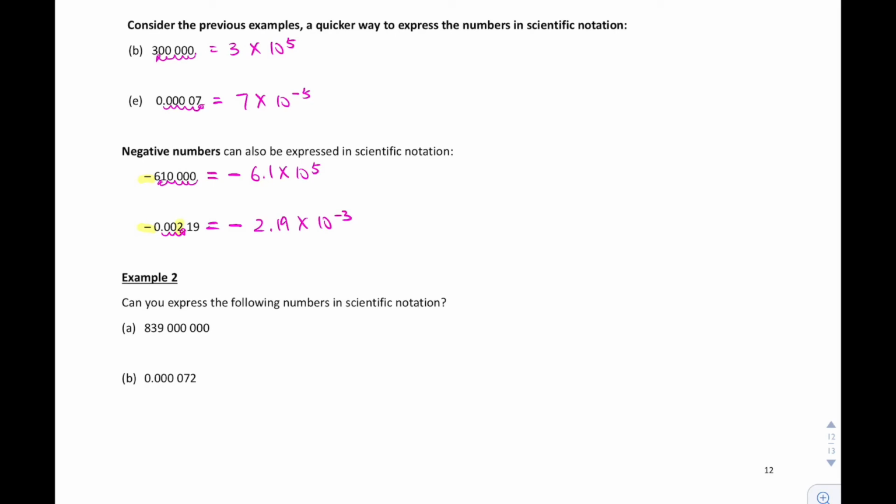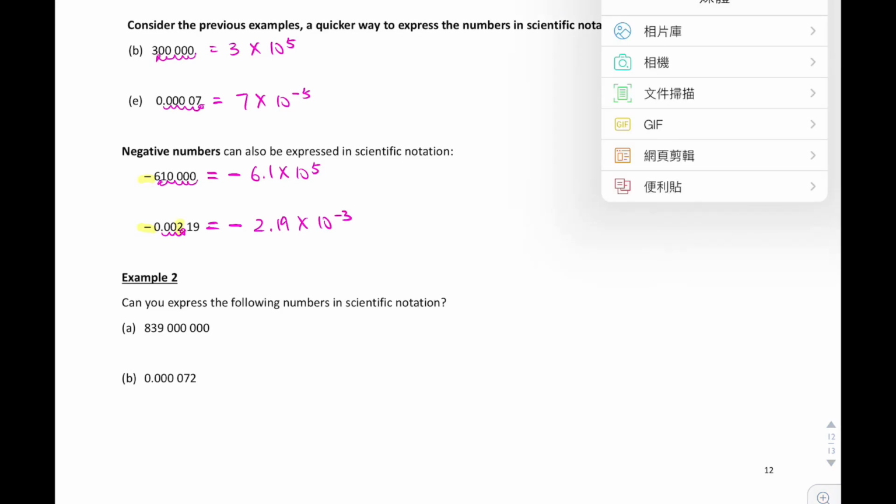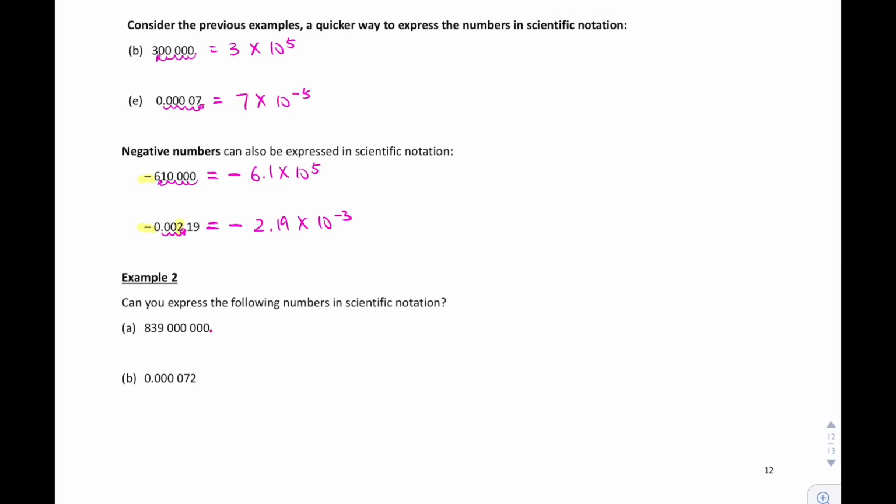Example 2. Can you express the numbers here in scientific notation? Similarly, do some rough work. The decimal point is moved 8 places to the left until we have the most significant figure 8.